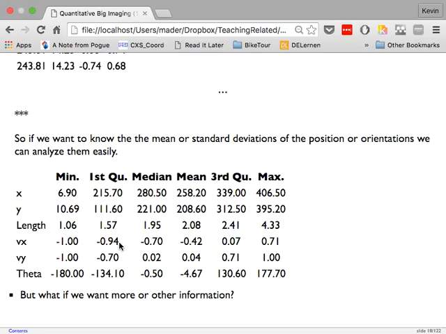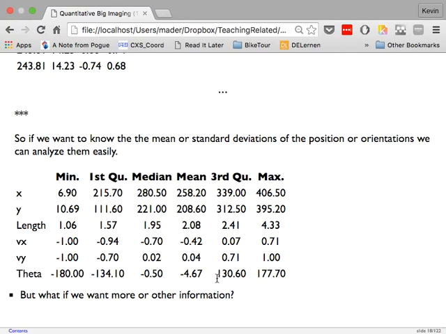And so we can take this, and this is the standard analysis we can get. We can then do the distribution of all of these different metrics to get the minimum, the median, the mean, the maximum, and these quartiles for all of the different values that we have. And so this quantifies it, but it isn't really that helpful.